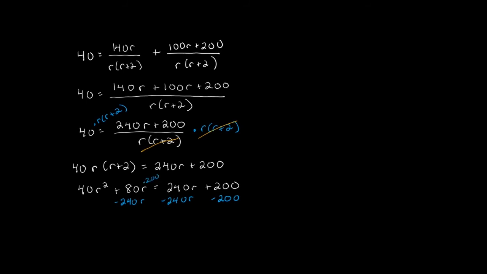I like to do those in one step, but you can do those in multiple steps. So I get 40r squared. Then we have 80r minus 240r. That's minus 160r. And then I have minus 200 equals 0.